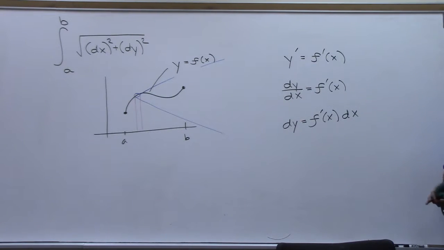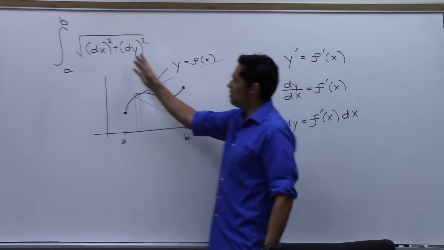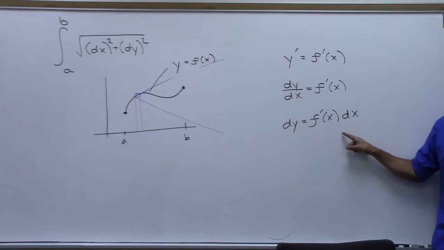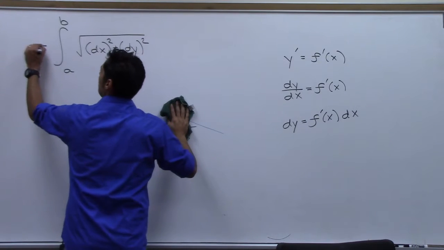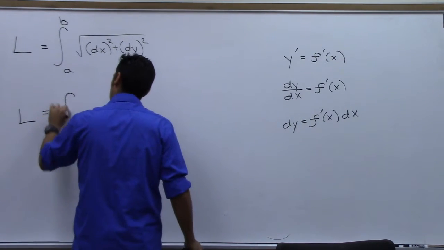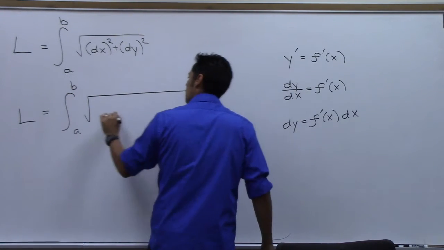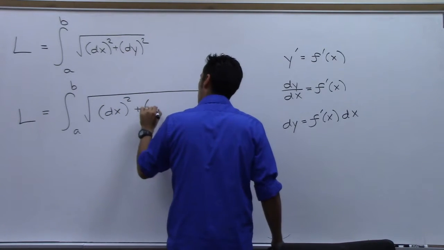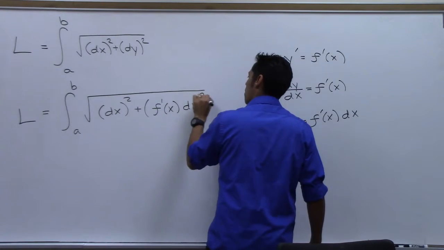Now, what this is going to do is allow me to go back into my formula, which I'm kind of stuck on right now, and replace my dy with this. So let's do that. I forgot to put L out here, total length. So the length of the curve is the integral from a to b of the square root of dx squared plus, but instead of dy, f prime of x dx quantity squared.